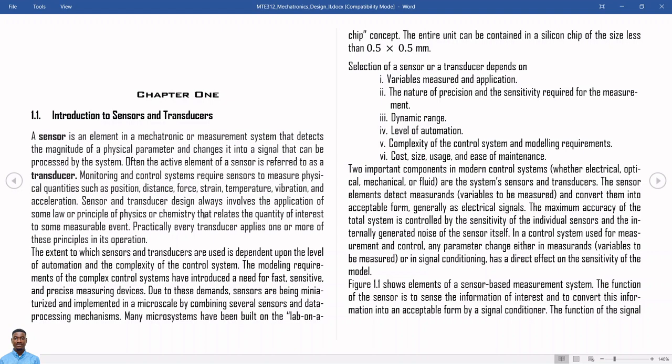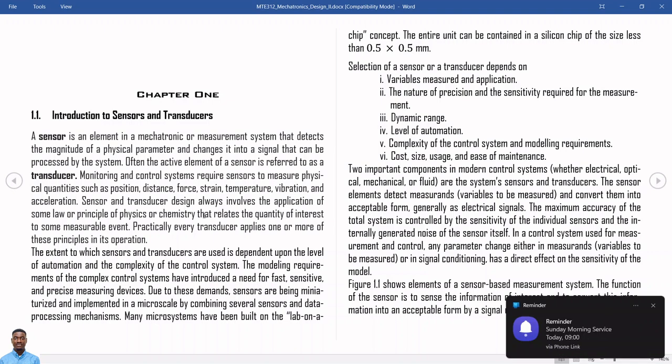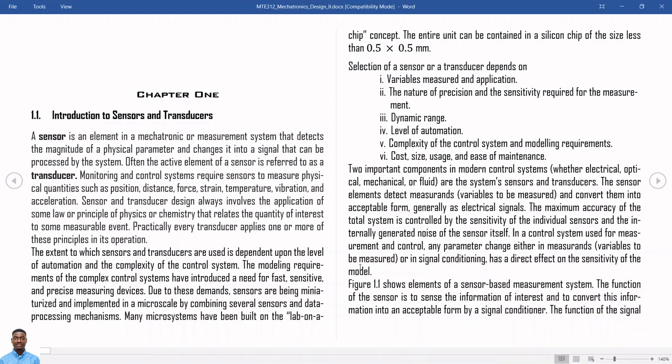If you take temperature, for example, and I want to measure temperature, then in the design of a temperature sensor they have used some law of physics or chemistry that can relate temperature to a change in voltage or a change in current. Practically every transducer in every sensor applies one or more of these principles in its operation.